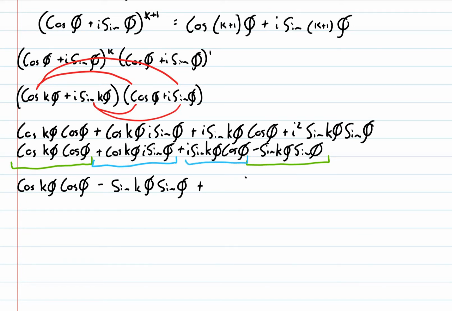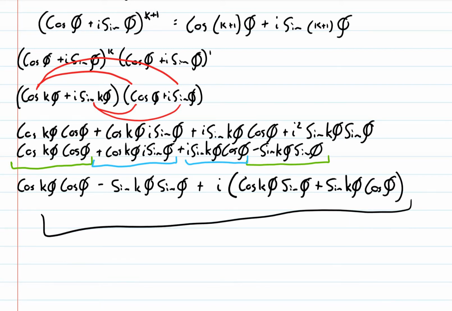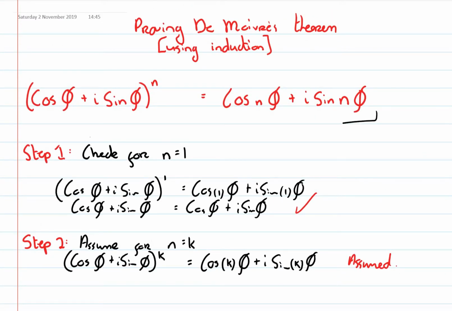I'm going to group those together, but take out the i. So I'll have plus i, and this bit here I have cos k theta sin theta plus sin k theta cos theta. Again, all of this does not look very much like this, not so far anyway.